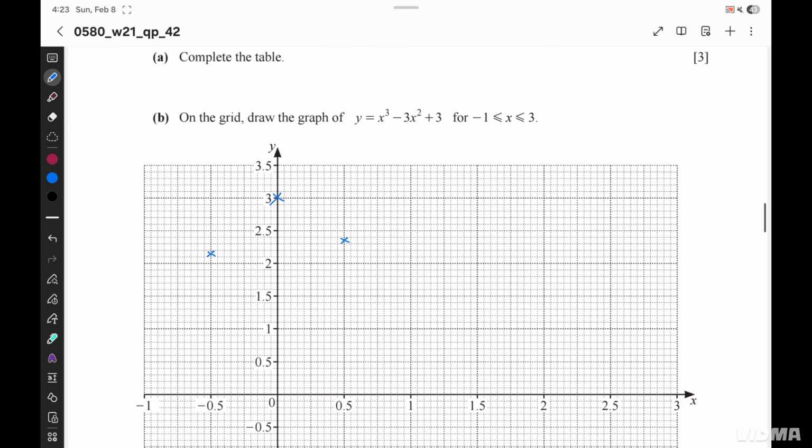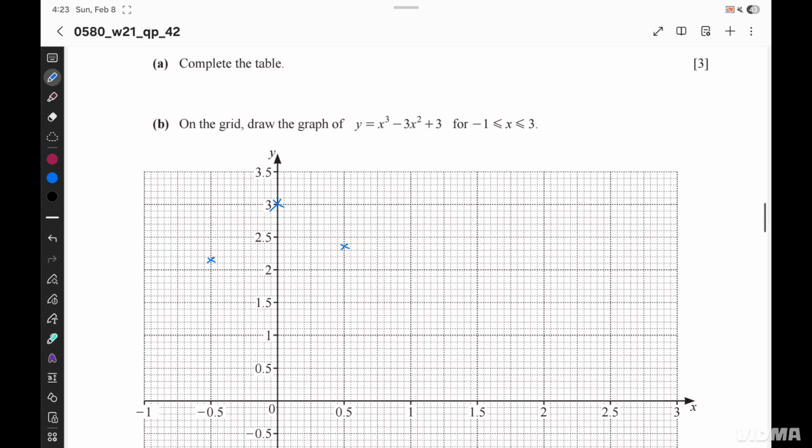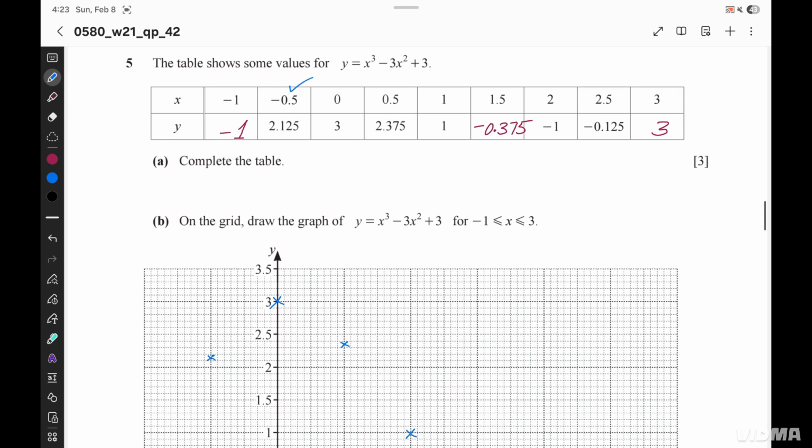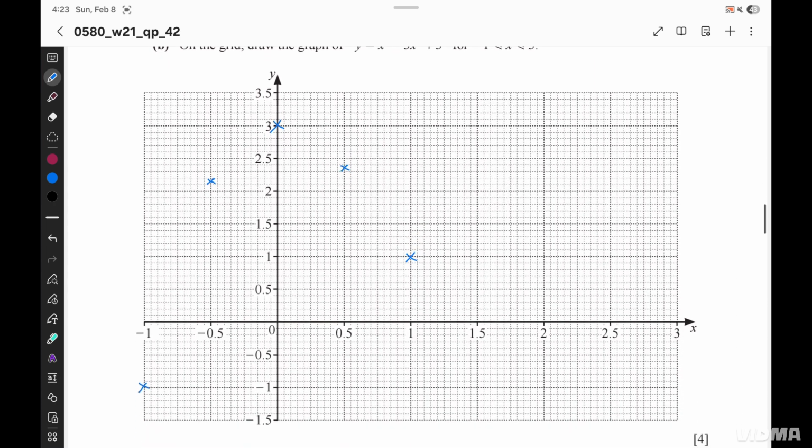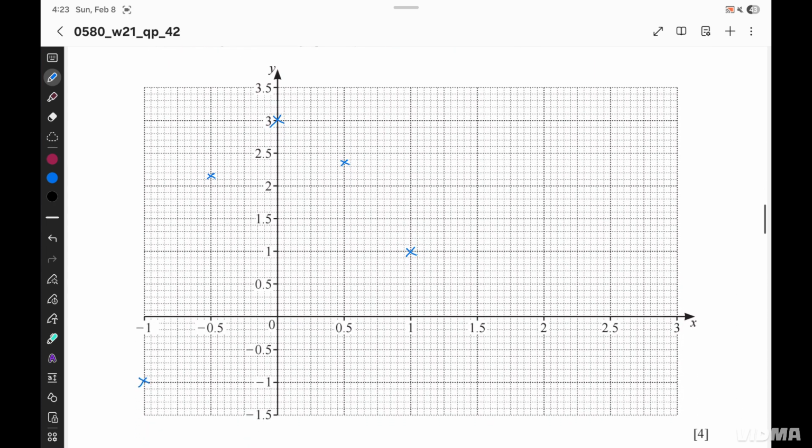And next is for 1 we have 1. Then 1.5, for 1.5 we have -0.375. So this would be -0.375. It is between -0.3 and -0.4.